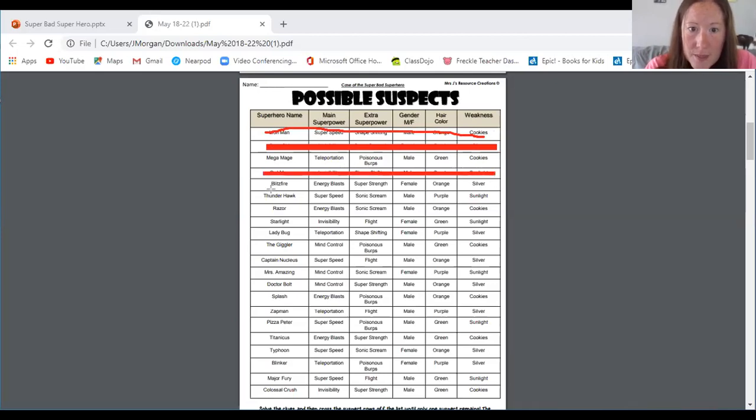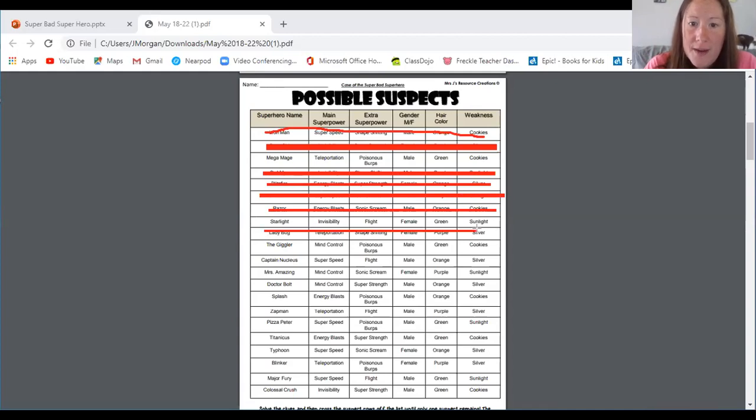Goodbye, you're no longer a suspect. Blitzfire, no longer a suspect. You have orange hair. How about Thunderhawk? Purple hair. Adios, you're not a suspect anymore. How about Razor? Orange hair. Adios, Razor. Starlight. Oh, I'm going to leave Starlight alone today because she's got green hair.